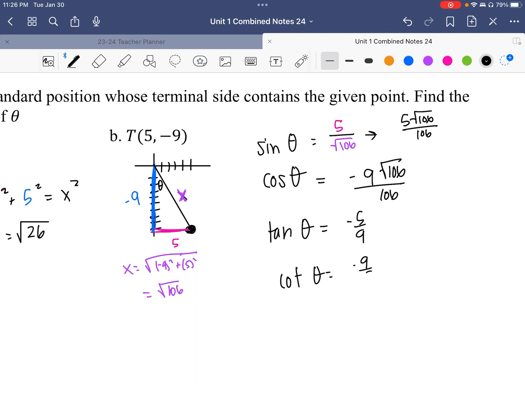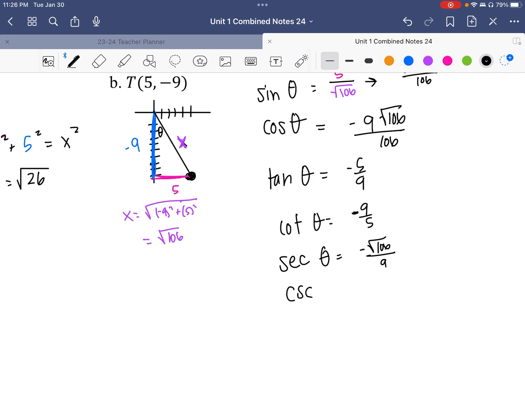Cotangent is -9/5. Secant should be negative square roots of 106 over 9. And finally, your cosecant should be the square root of 106 over 5.